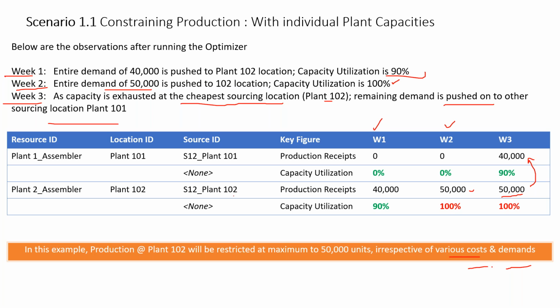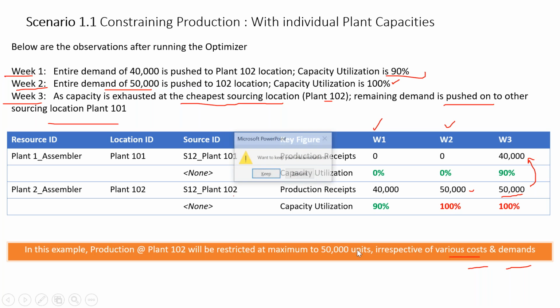That is a key takeaway. Plant capacity is a hard constraint. You cannot come up with a supply plan which has more than the available plant capacity if you make the constraint a finite resource.